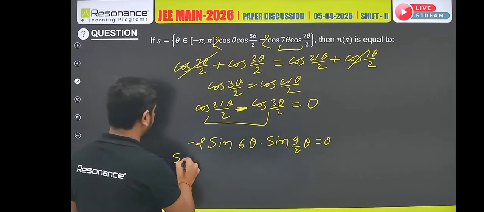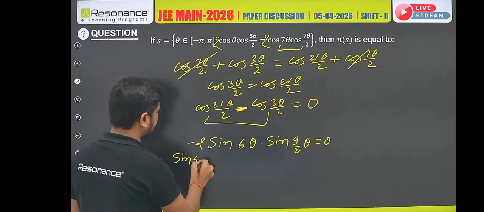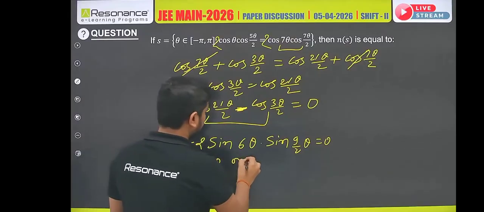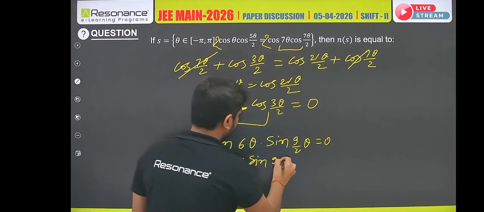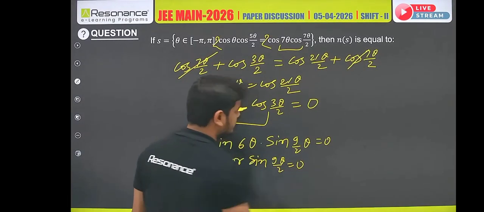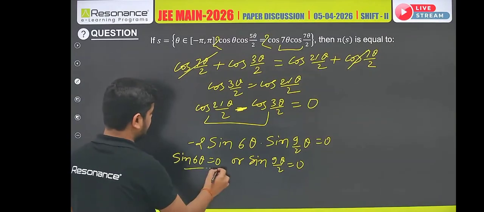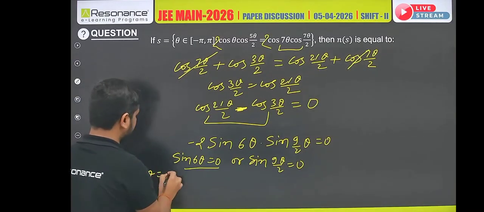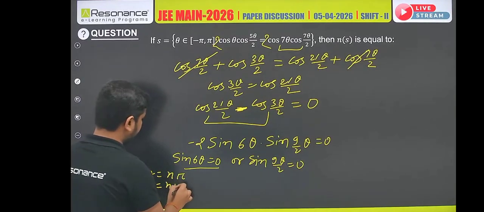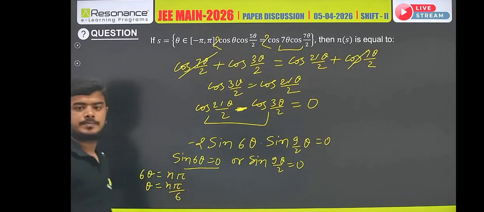So from here you will get either sin 6θ is equal to 0, or sin 9θ/2 is equal to 0. So sin 6θ = 0 means 6θ is equal to nπ. So θ is equal to nπ/6.